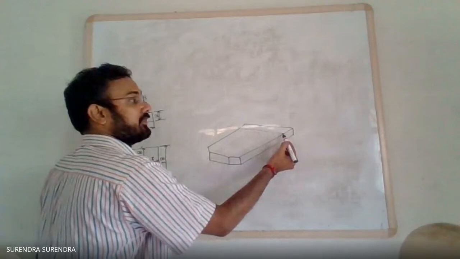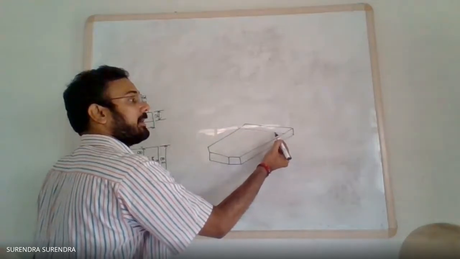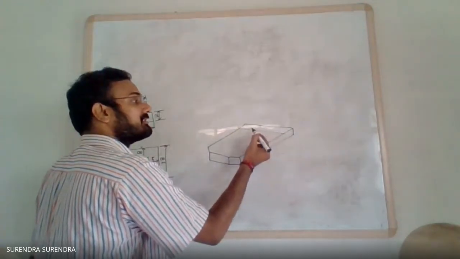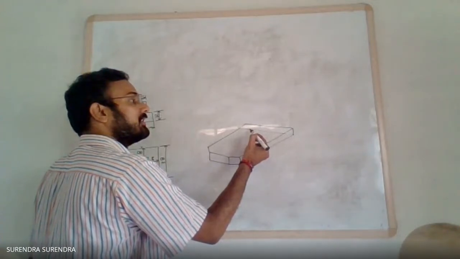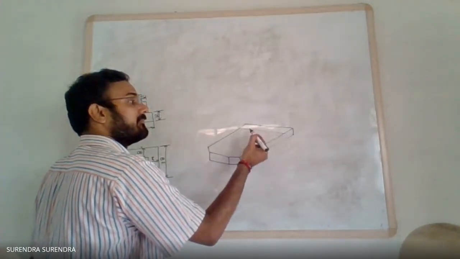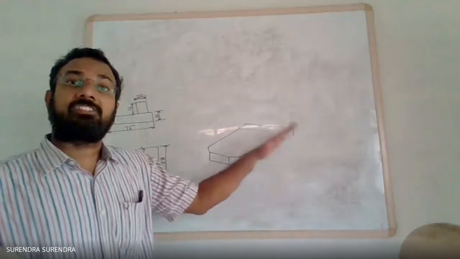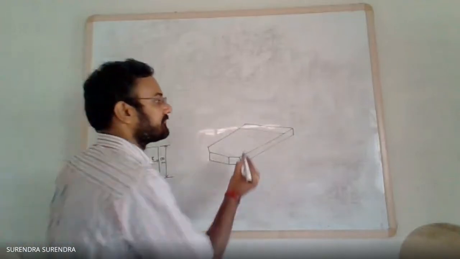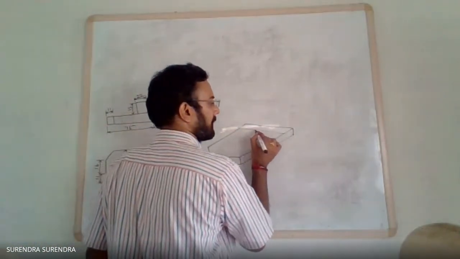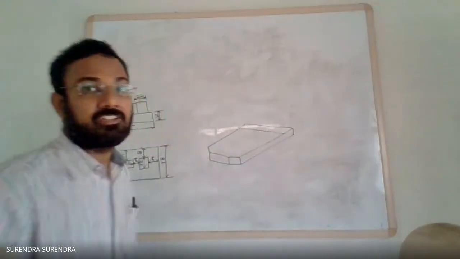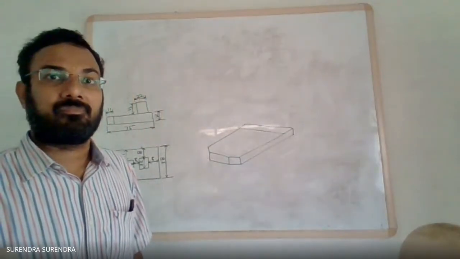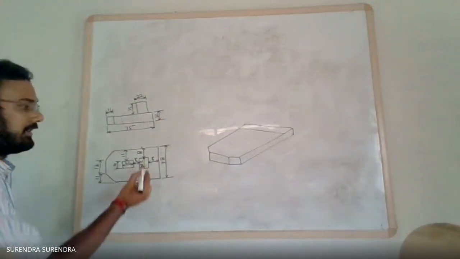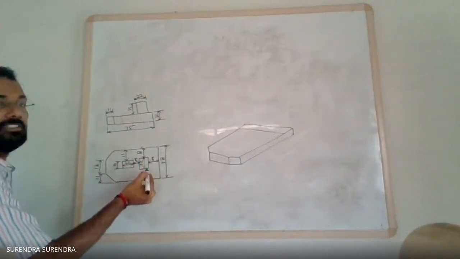And from this point, ఈ పాయింట్ నుంచి mark a point at 8 mm distance and 22 mm, 8 mm, and from this 8 mm 22 mm. This is the required edge. I have drawn this edge.